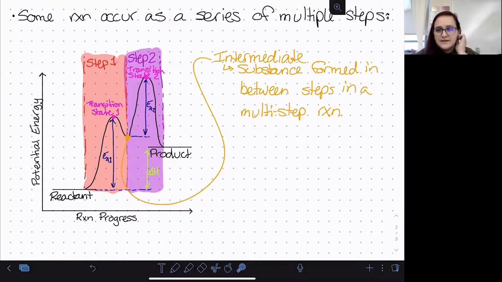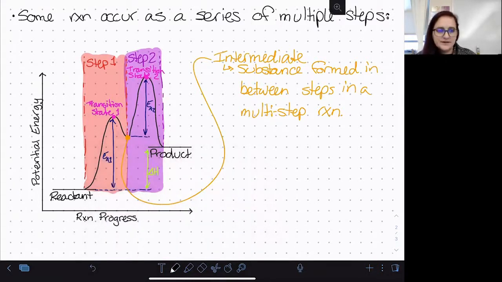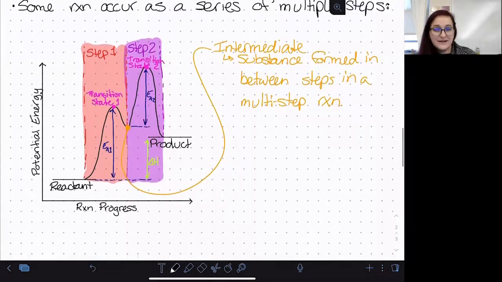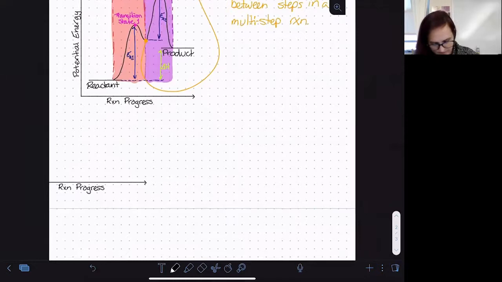And then the last thing to be aware of with reaction coordinate diagrams and with thermodynamics is how a catalyst affects your system. So let's get rid of this.